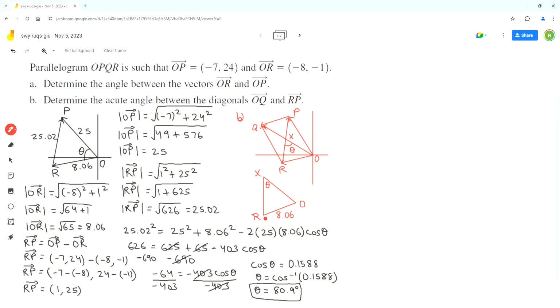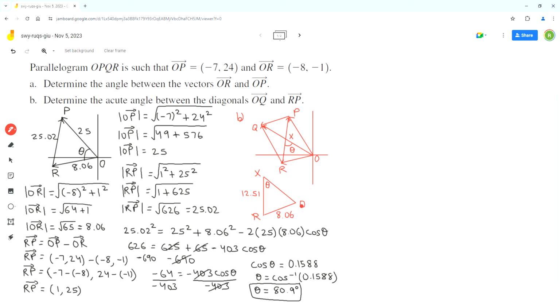So the length of side RX will be half of 25.02, and 25.02 divided by 2 is equal to 12.51. So that's the length of side RX.